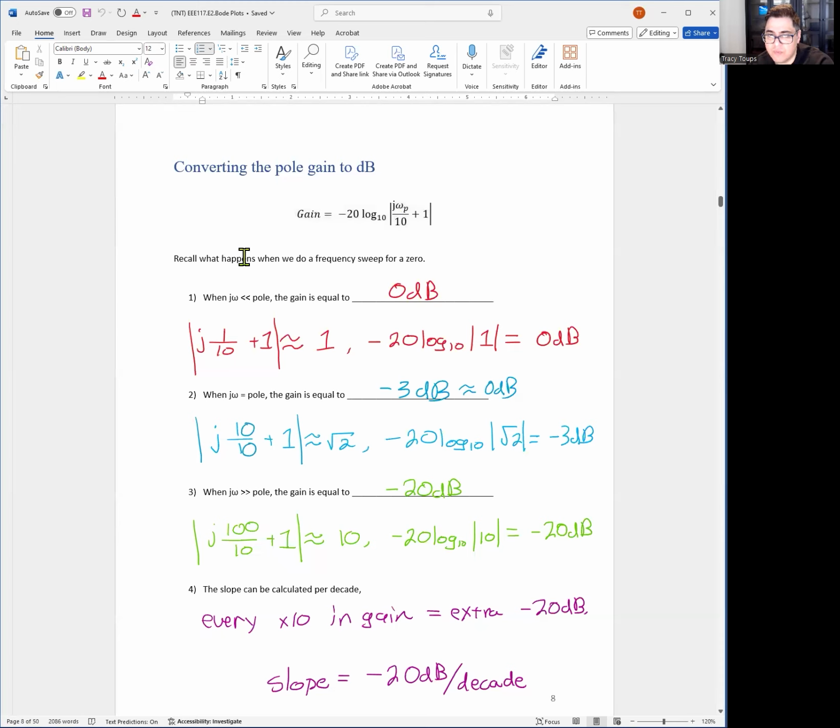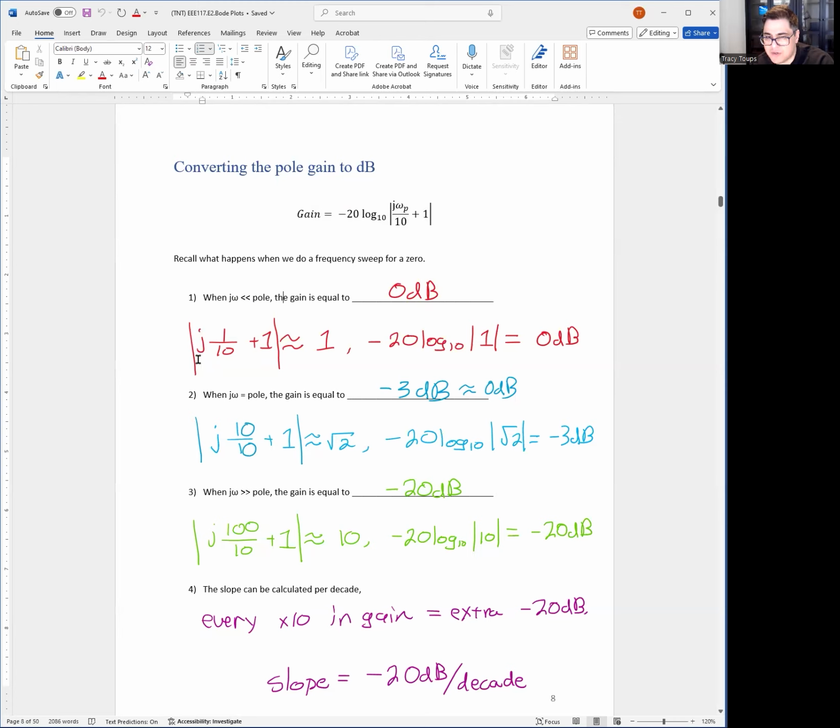Here, remember we talked about doing the frequency sweep. What happens when we go from a very low frequency to a very high frequency? Let's sweep across it. Let's start at omega equals 1. Whenever omega is much less than the actual pole, and the pole number itself is 10 right here, so 1 is much less than 10. Let's plug a number in.